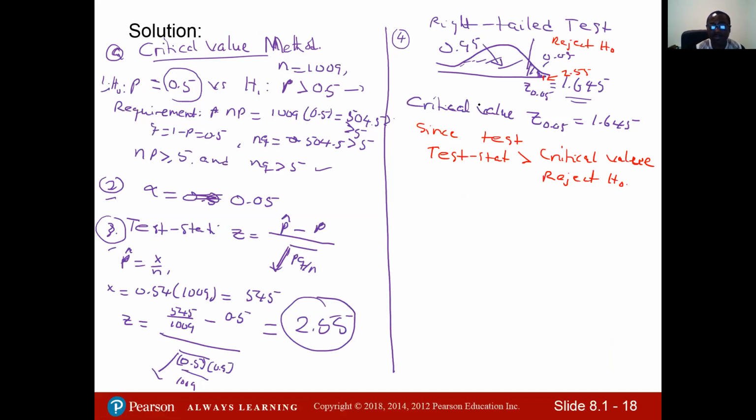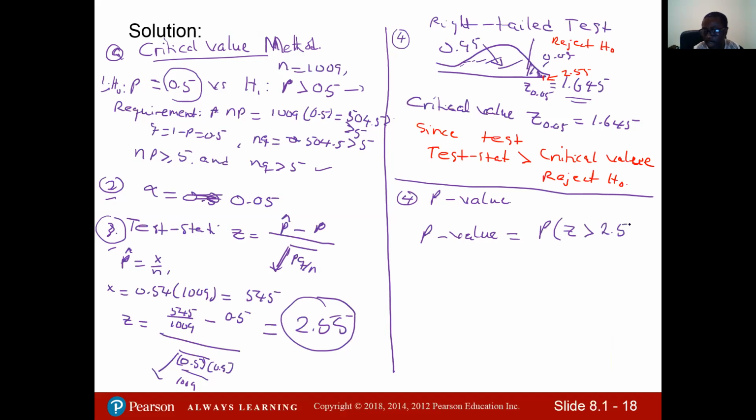The only difference is step 4, that is, calculate the p-value. The p-value in this case is given by a probability. Because it's a right tail, it's the probability that Z is greater than the test statistic, 2.55.